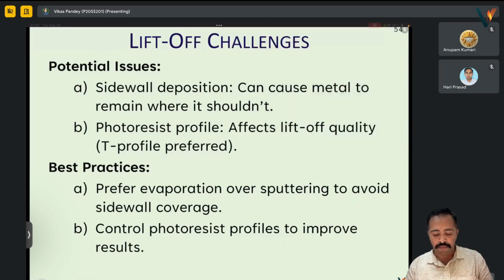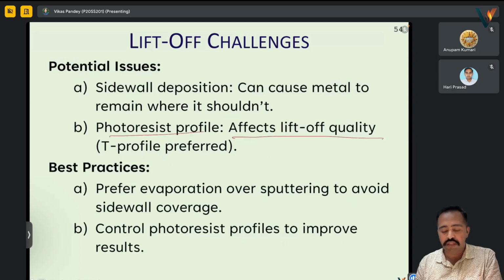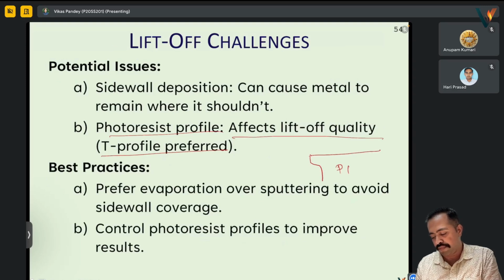So in lift-off, there are challenges like photoresist profile effects. We need a T profile preferred. That is, we have something like this profile of PR, and this is done by generally using lift-off resist below it and then PR over it.